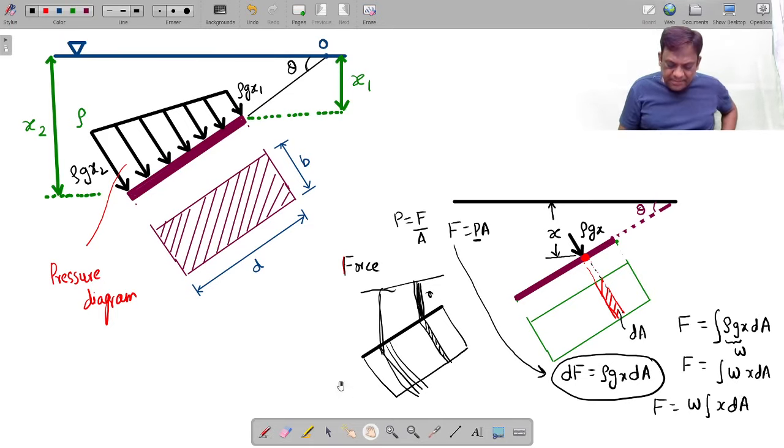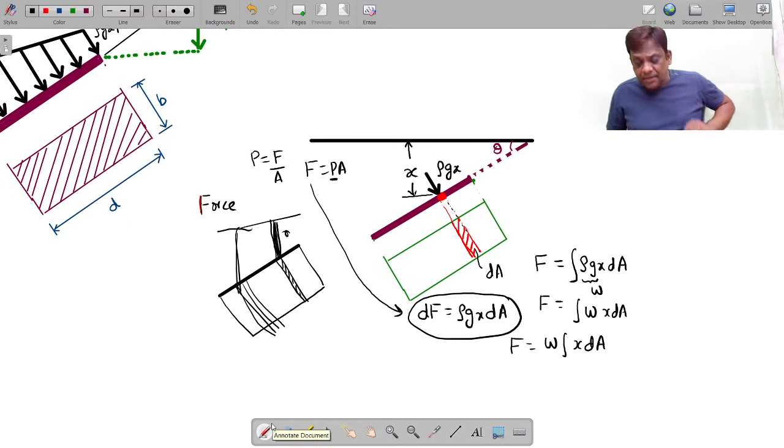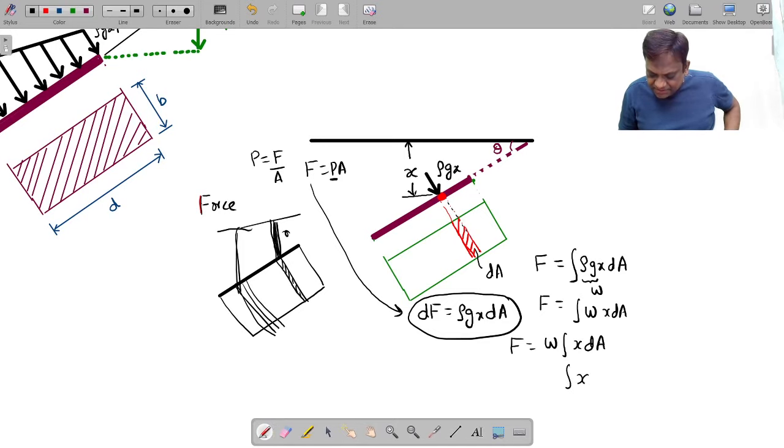You will be studying this in engineering mechanics, or you have already studied it in your earlier classes. From engineering mechanics, this integral of x dA is written as A x bar. I will tell the meaning of everything.